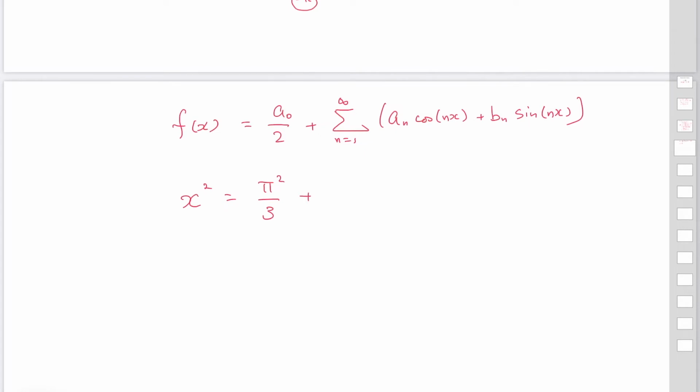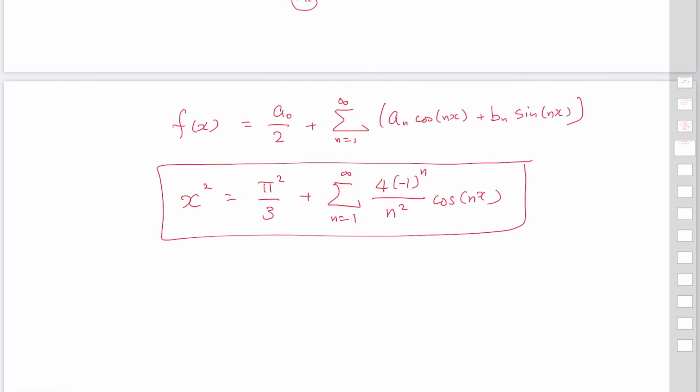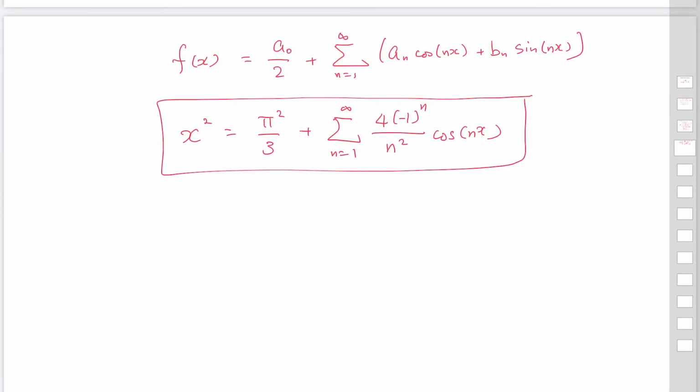And b sub n is 0. A sub n gives the sum, n equal 1 to infinity, of 4 times minus 1 to the n over n squared, cosine nx. So we have this formula for the trigonometric expansion of x squared.